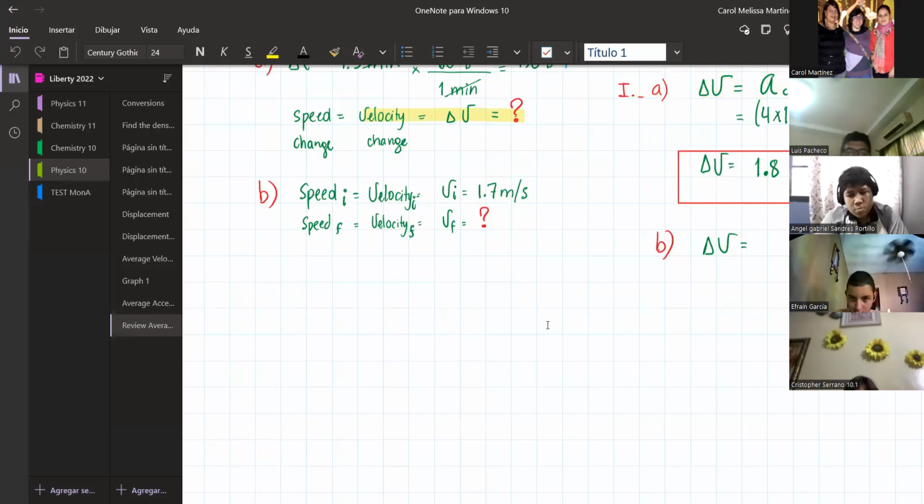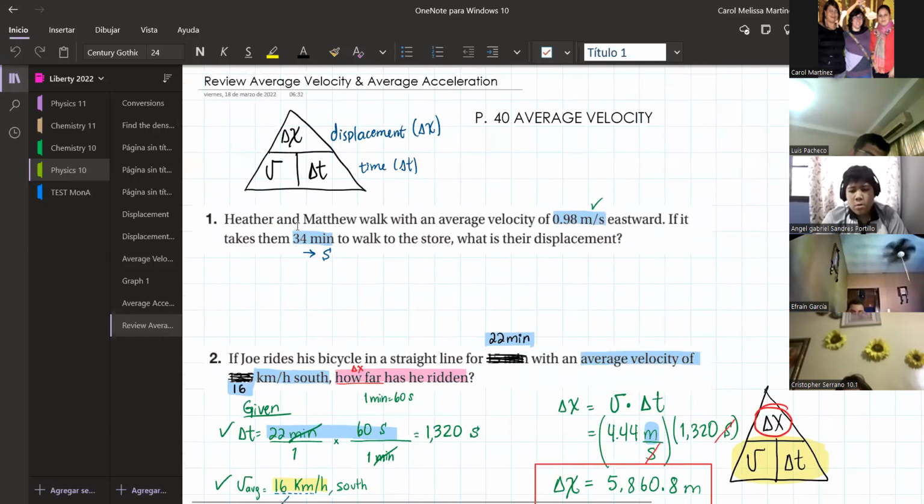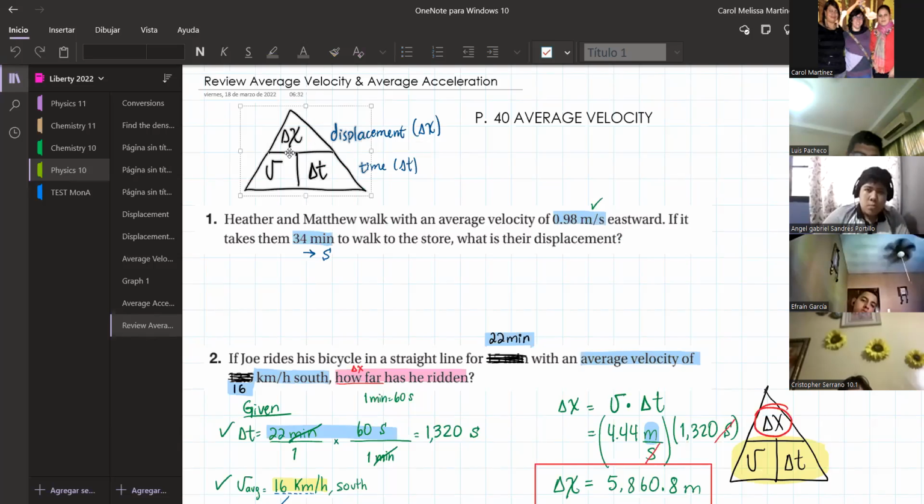Now, to find delta V, we also have another formula that I gave you the other day. From this triangle, we know the velocity is delta x over delta t, okay?